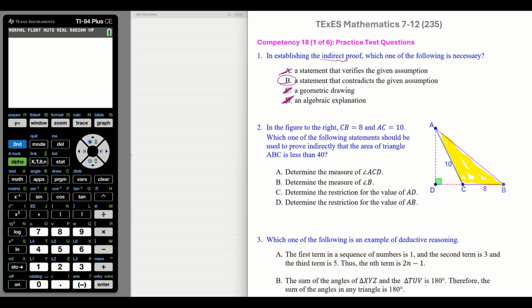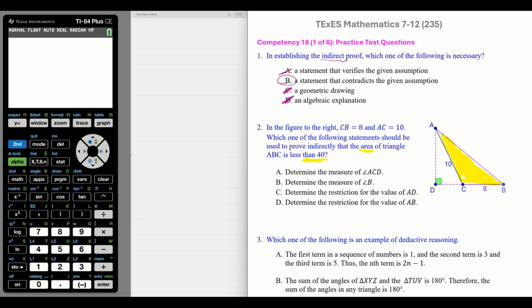So if we're going to prove that this triangle is not an area of 40, and they are talking about area here, we're going to say it's less than 40. So what we're going to do is something crazy. We can see from the drawing that ABC, the yellow triangle, is not a right triangle. So we're going to start our proof with the fact that it is a right triangle.